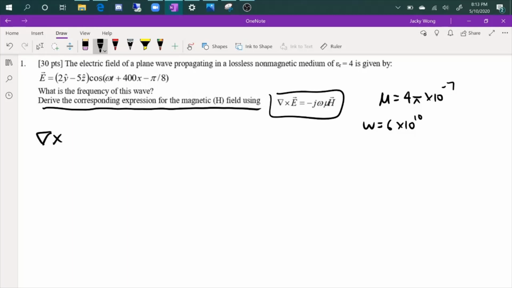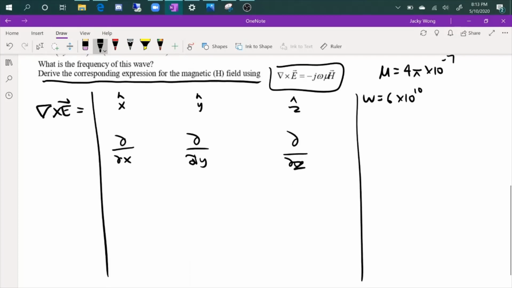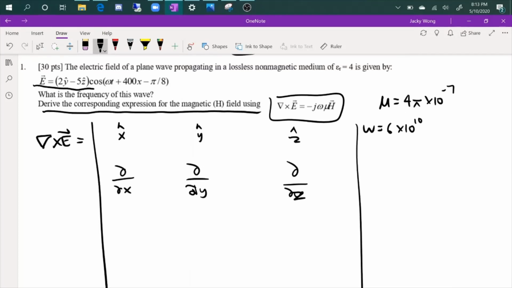Curl cross E is defined as a 3 by 3 matrix involving x hat, y hat, z hat, partial d dx, partial d dy, partial d dz. From the electric field equation we were given, we know that the direction, as mentioned earlier, was 2y minus 5z.